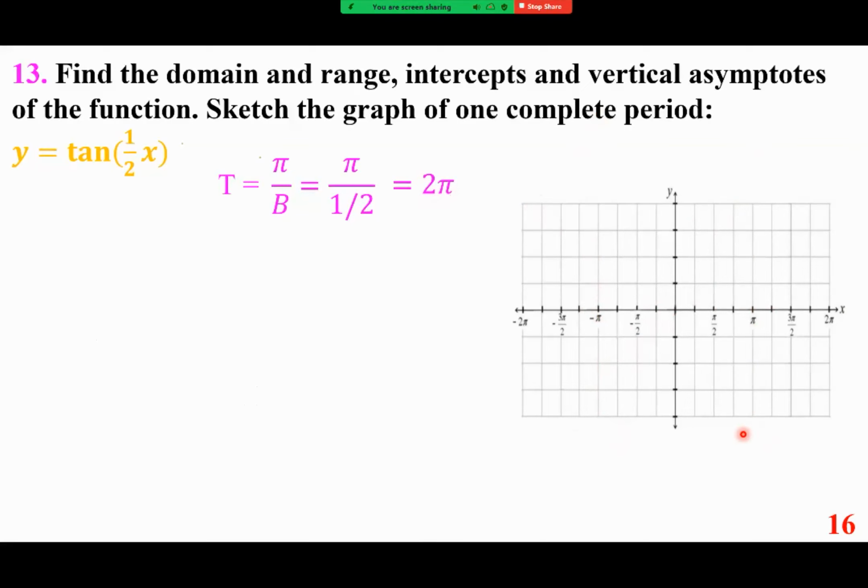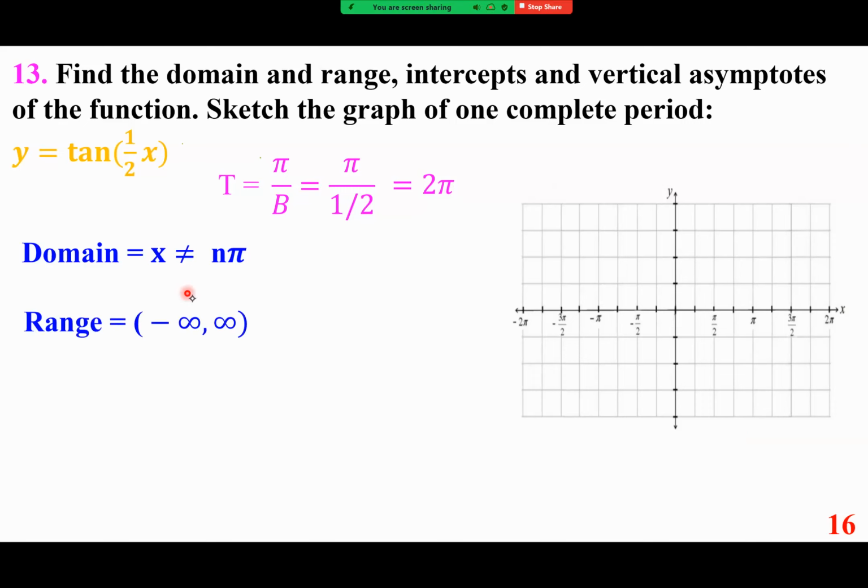So the domain: x can't be n times pi. If you recall, it couldn't be odd multiples of pi over 2, okay? And the range has no restriction. It's all real numbers. Vertical asymptotes at x equals n pi, for example, in this case, minus pi and pi for one complete cycle.